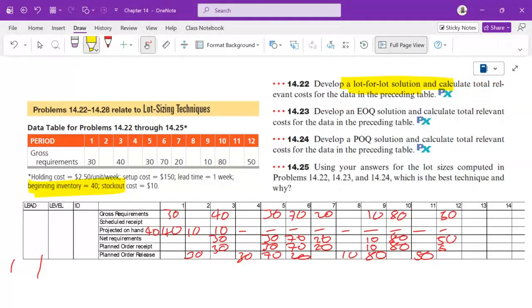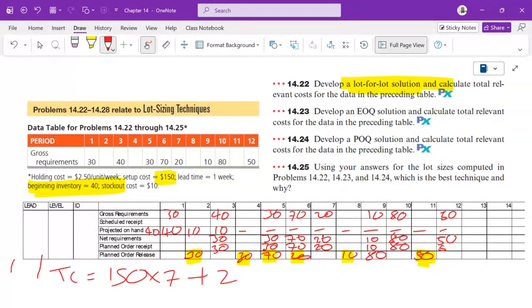Your setup cost here, this is how you do it. So what is your setup cost? TC is equal to 150 multiplied by 1, 2, 3, 4, 5, 6, 7, so 7, plus what is my unit cost?